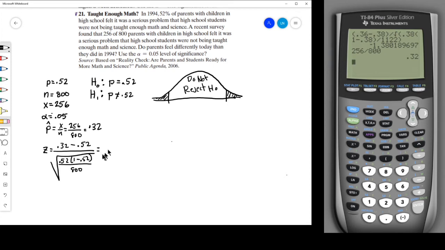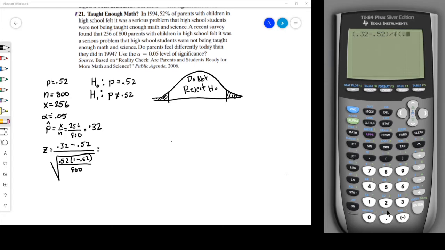All right, so I'm going to come over here, clear that and make room. Again, numerator in parentheses, 0.32 minus 0.52, divided by a big square root.